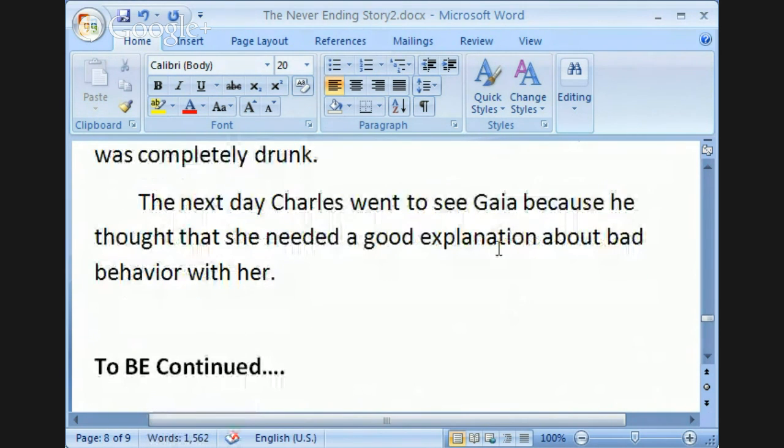She needed a good explanation about bad behavior. Okay, we need a possessive here. His bad behavior. We need to define this a little more: about his bad behavior. And of course, now that we know that it's his bad behavior, it's really not necessary to have "with her." Kind of redundant. So, okay, there we go. All right. Terrific.